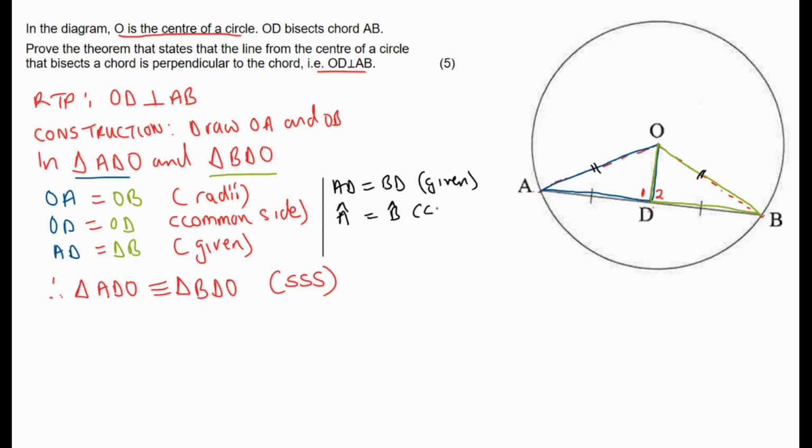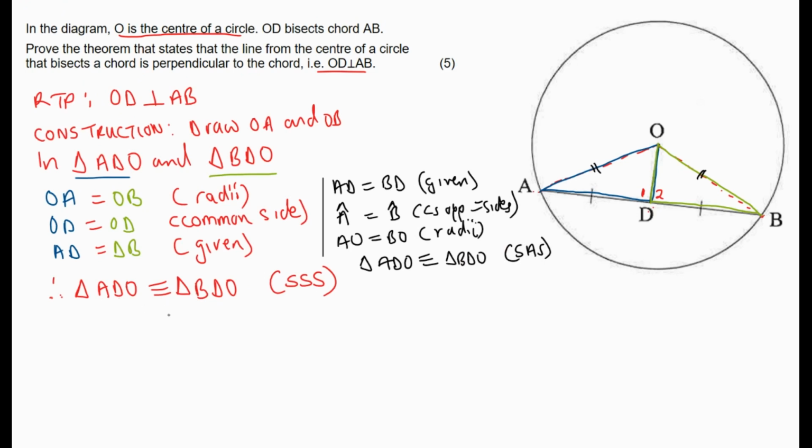So these are angles opposite equal sides. Okay, and then we have AO is equal to BO since these are radii. So we wanted to prove that triangle ADO is congruent to triangle BDO, and then the reason is side, angle, side. That's another way of doing it. Okay, right, let's continue from here.